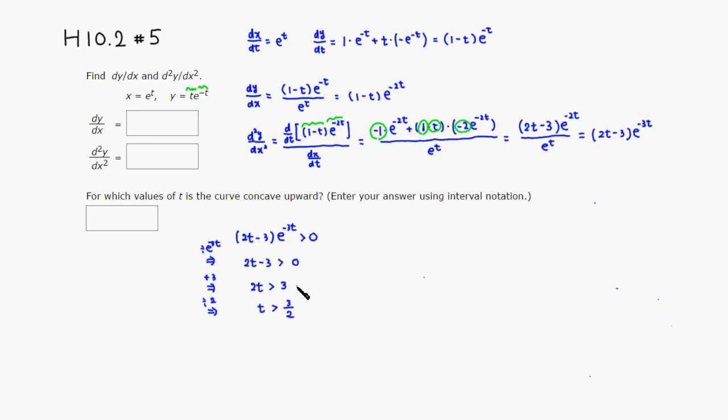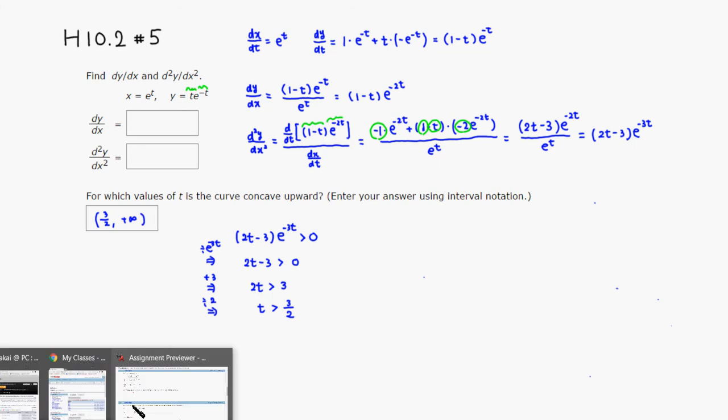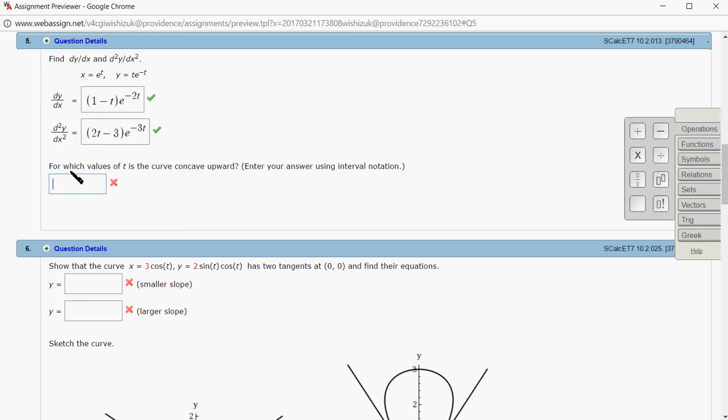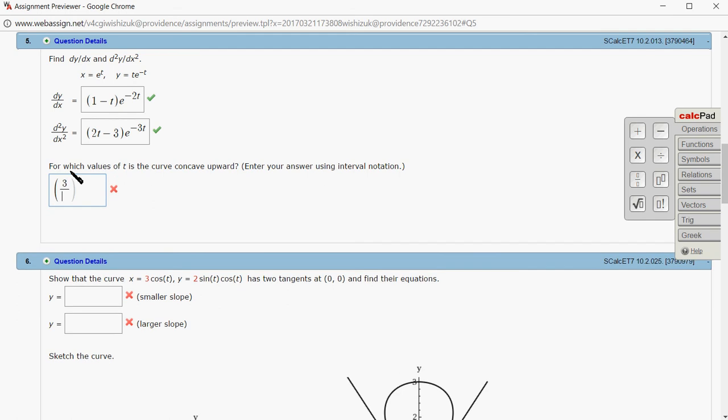So interval notation would be 3 over 2 to positive infinity. Let's type that in. So we got 3 over 2 to infinity, with the infinity symbol.